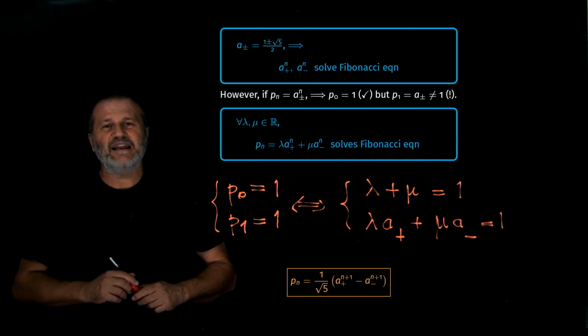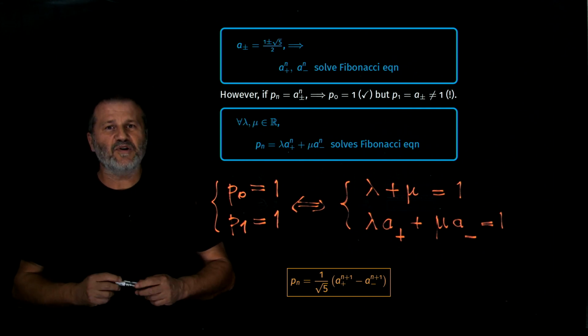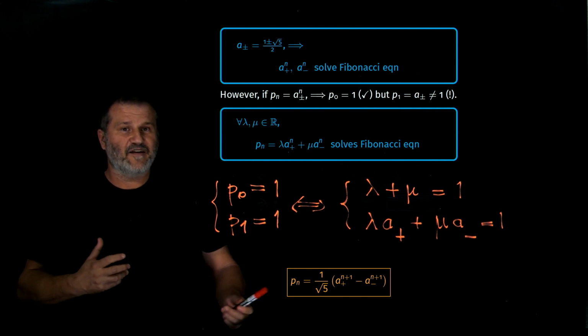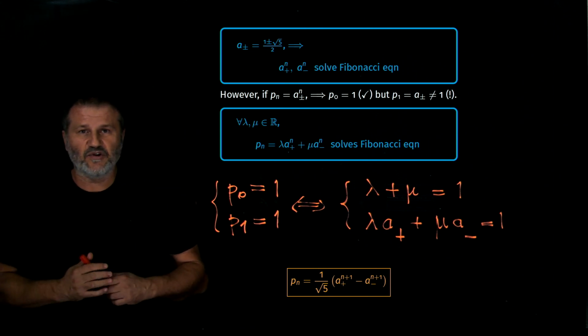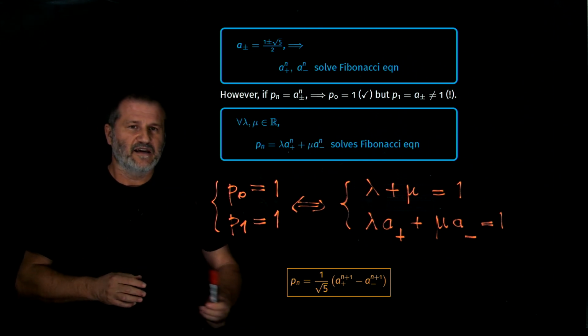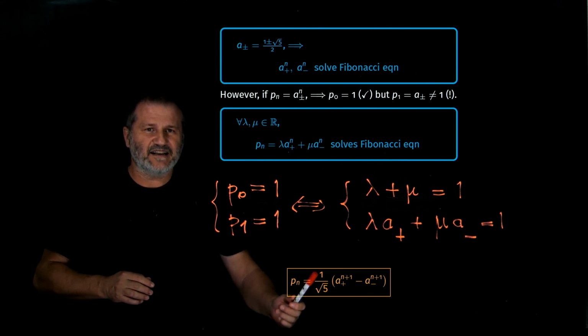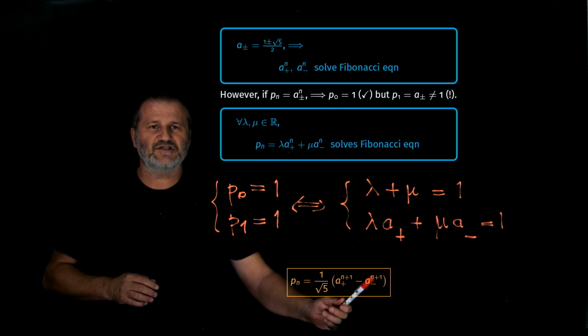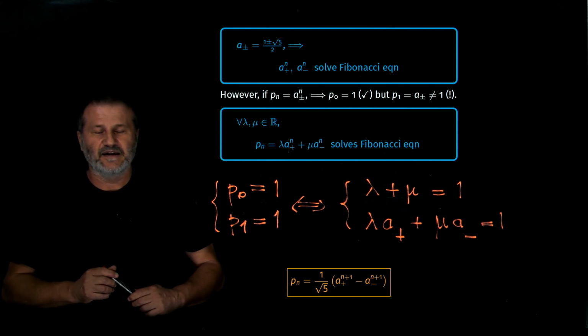From this formula, we can also respond to the other question we posed, namely whether Pn is exponentially growing or not. We can see here that apart from this factor, there are two exponentials, a plus to the power n plus 1 and a minus to the power n plus 1.